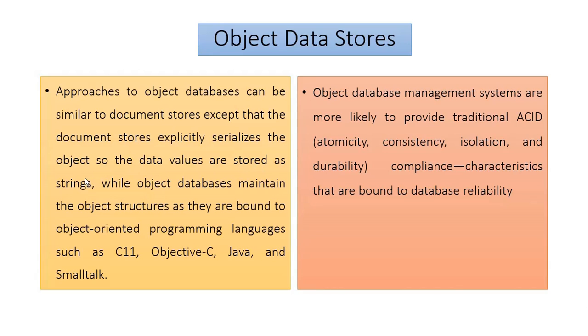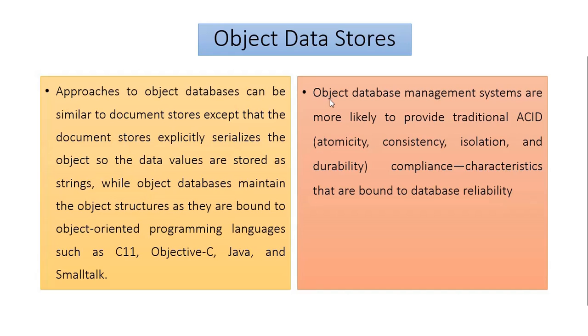We saw this in the retail store example, where the data are explicitly written as strings under curly brackets. In object databases, the object structures are maintained as they are, bound to object-oriented programming languages. So we store data based on these programming languages. This is the difference between document stores and object databases.